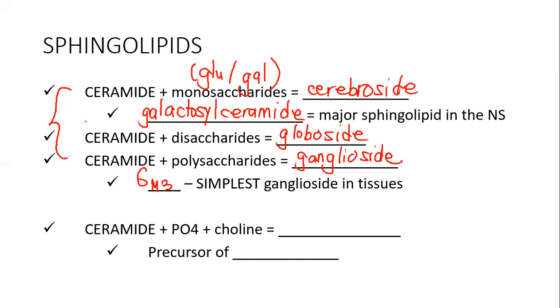They are all carbohydrates. Thus, what happens here is we combine lipids together with carbohydrates. Thus, these three, cerebroside, globoside, and ganglioside, are collectively known as glycolipids, which makes sense because it is a combination of lipids together with glyco, which represents carbohydrates.